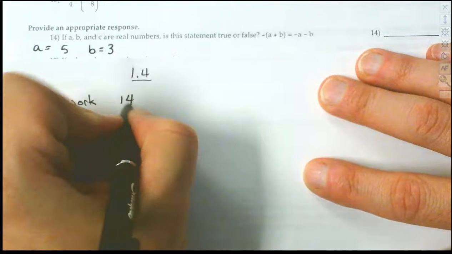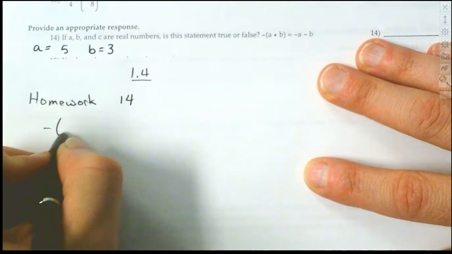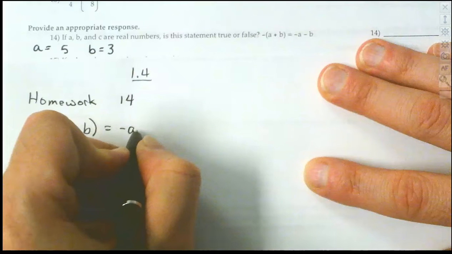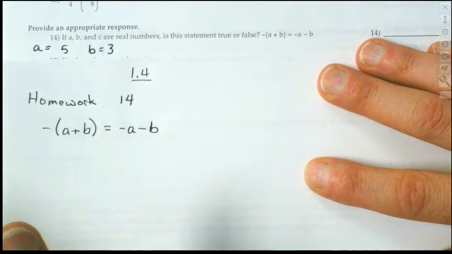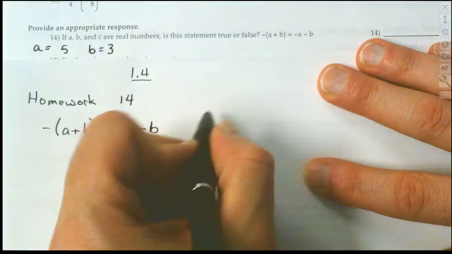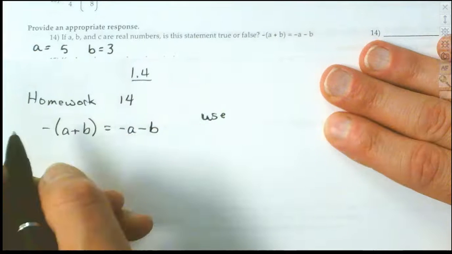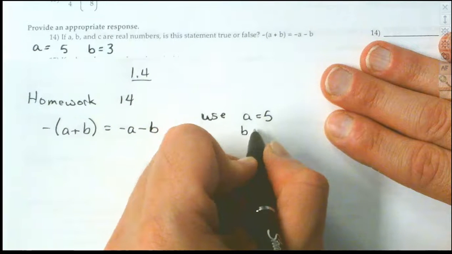This is homework question 14. We have minus parentheses A plus B equals minus A minus B. Now this should be true. Next week, we'll talk about the different properties. But right now, just to show you that they are the same, we're going to use A is 5 and B is 3.